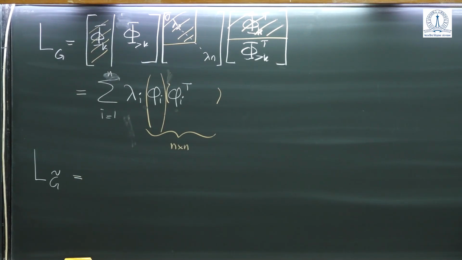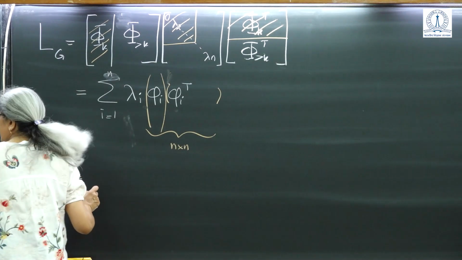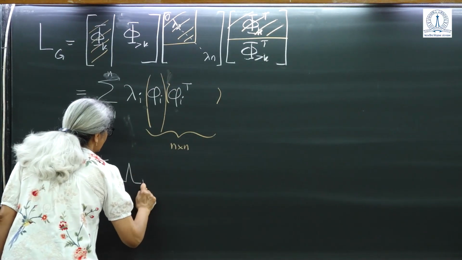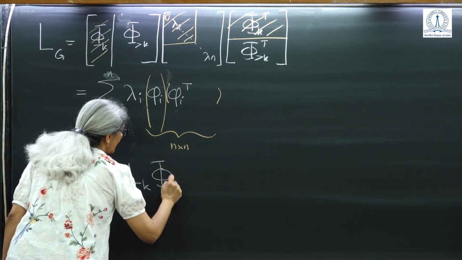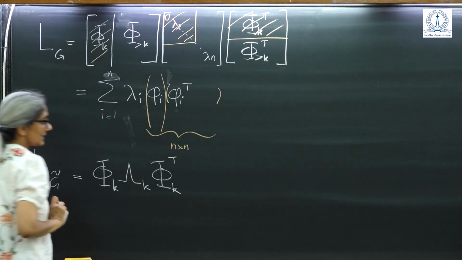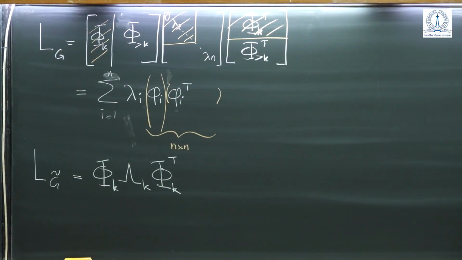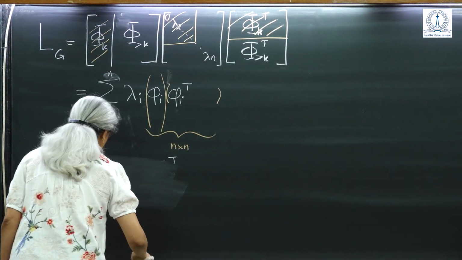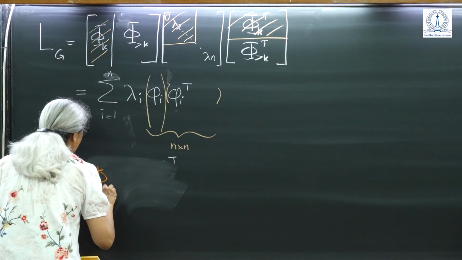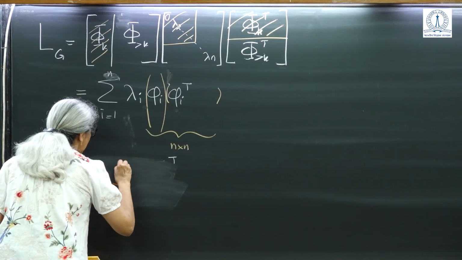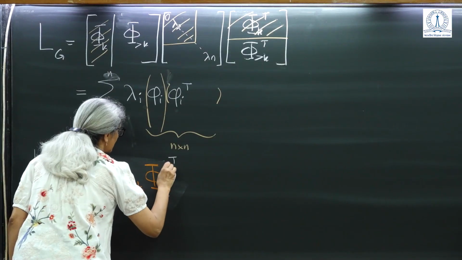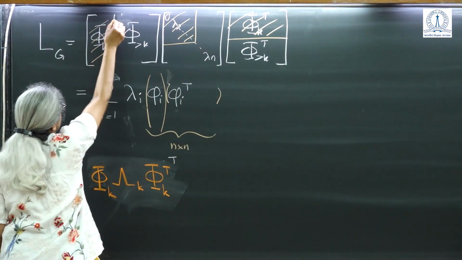Do you agree? So that's where the first piece comes from in this expression. So I'm going to freeze this much of the Laplacian. So this is the orange stuff, okay? So this much we freeze. So we're going to freeze the phi k, lambda k, phi k transpose. Okay, so that's all this orange stuff.